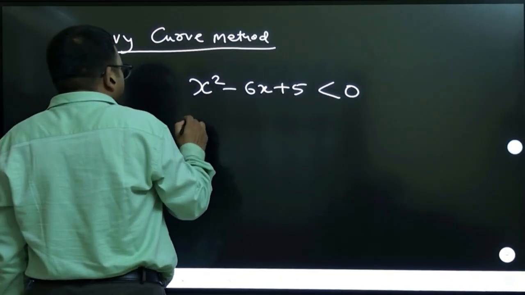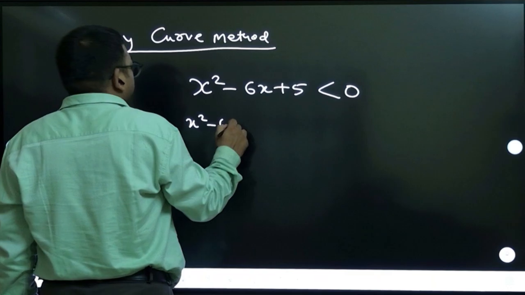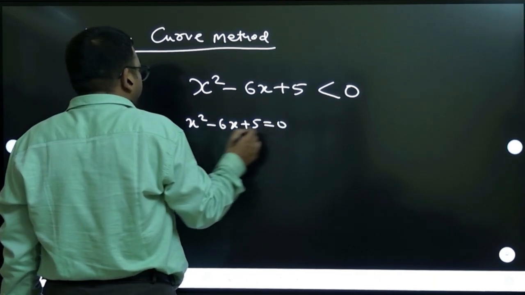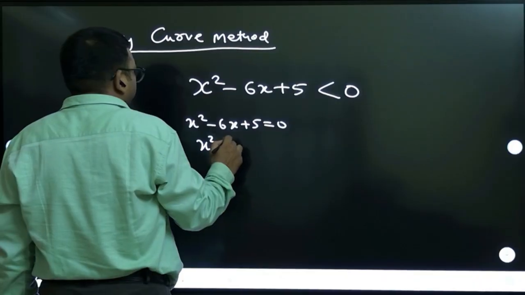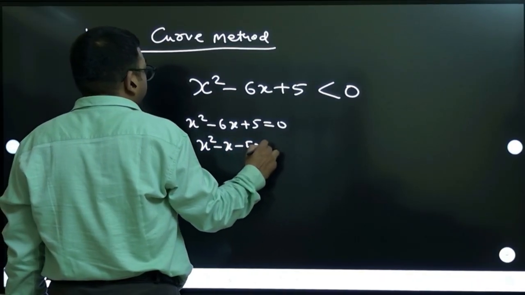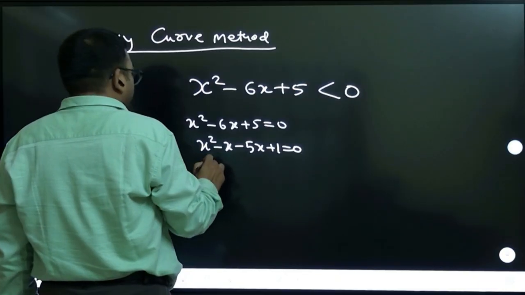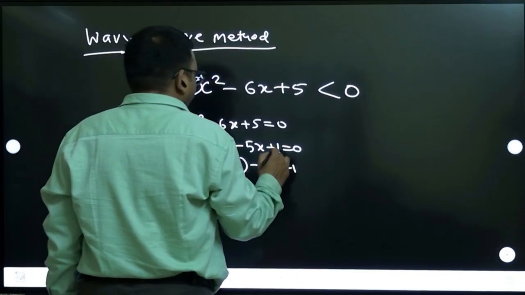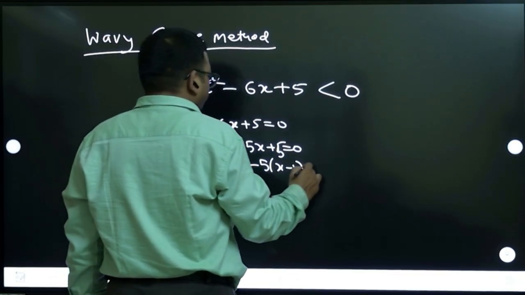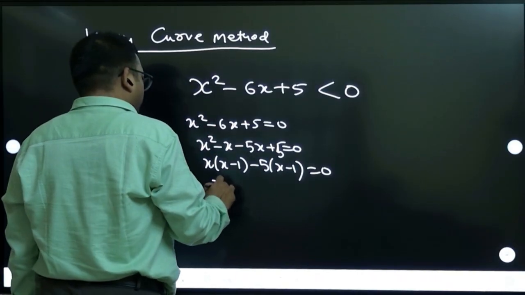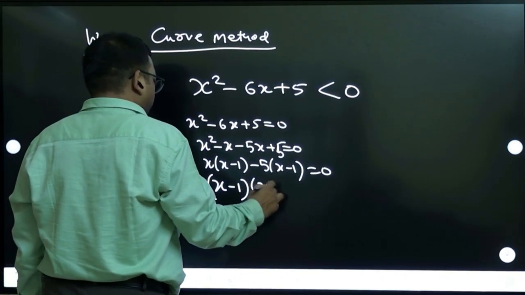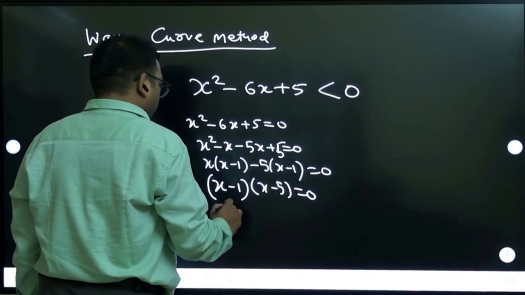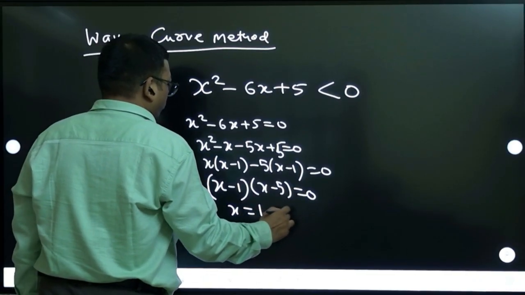So I can definitely make the equation first: x² - 6x + 5 = 0. Find the roots: x² - x - 5x + 5 = 0, so (x - 1)(x - 5) = 0. So we have roots 1 or 5.